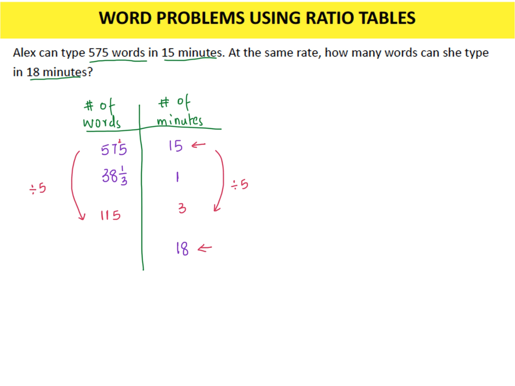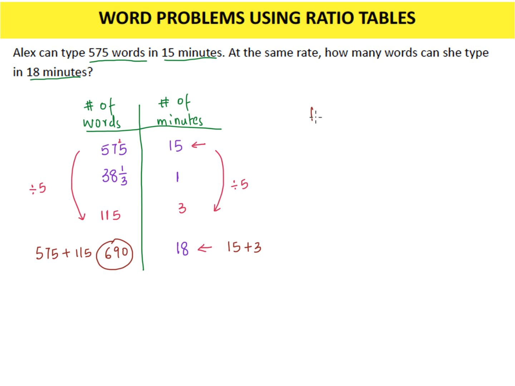What if we just added 15 plus 3? If we added 15 plus 3 on this side, then on the other side we would just add 575 plus 115. And 575 plus 115 would give you 690 words.